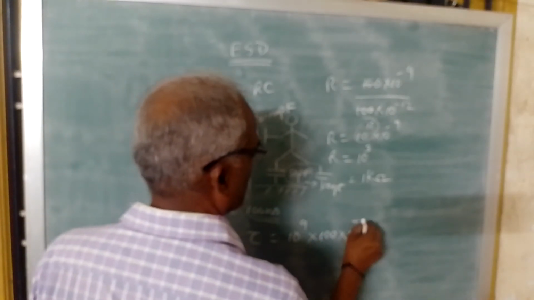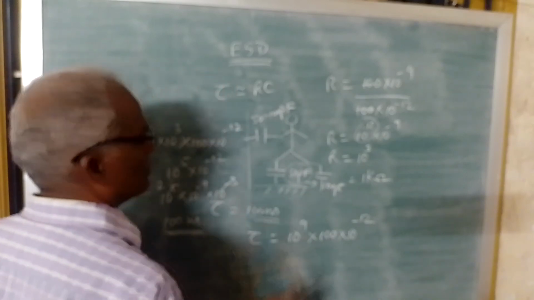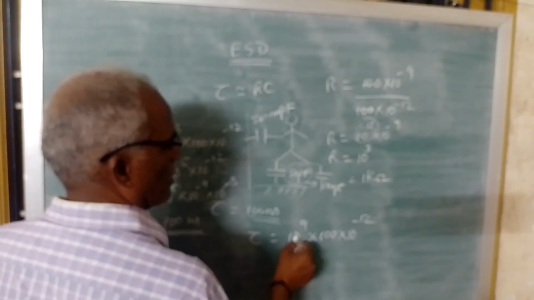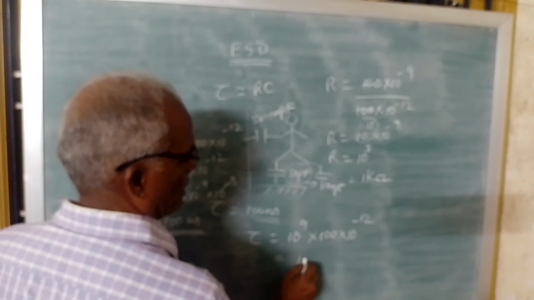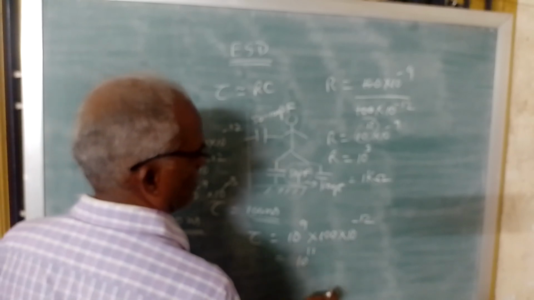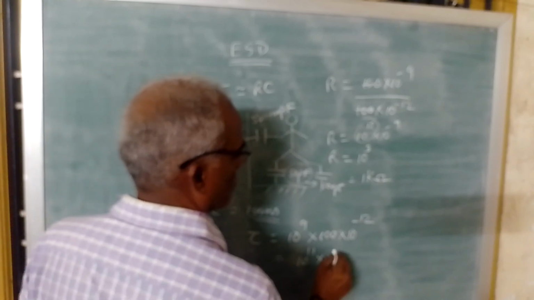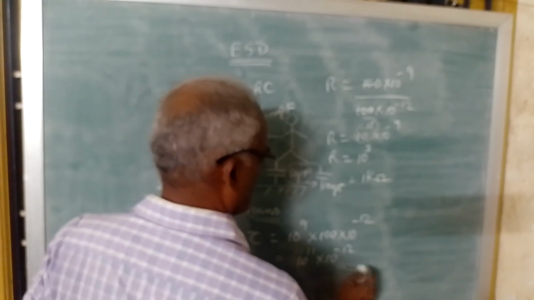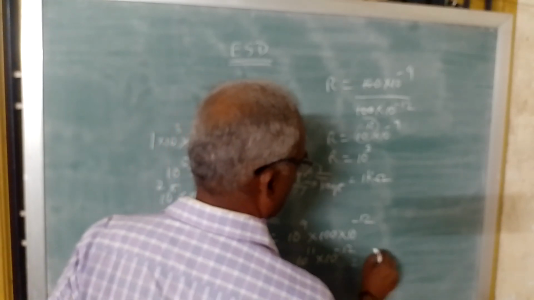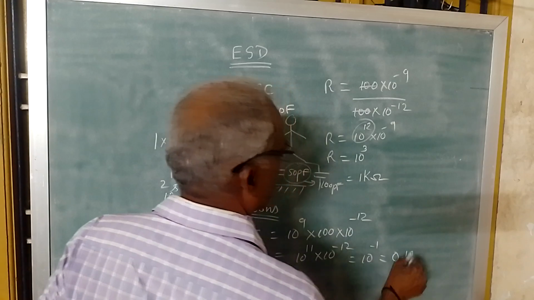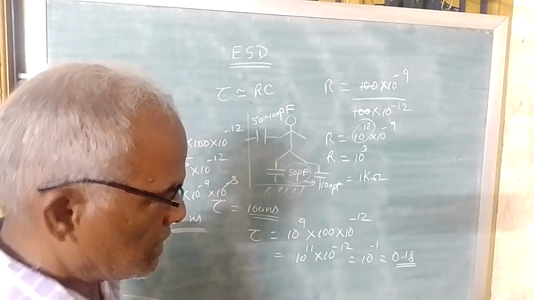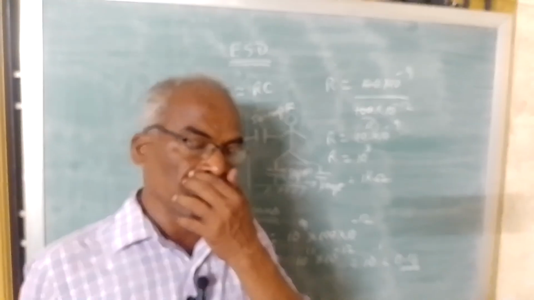Pico is 10 power minus 12. So 10 power 9 into 10 square is 10 power 11, into 10 power minus 12. So this will give you 10 power minus 1, which is equal to 0.1 second. So it will be discharging in 0.1 second.